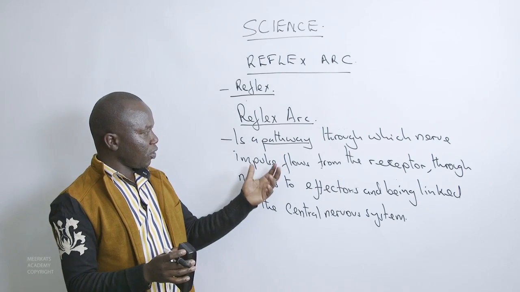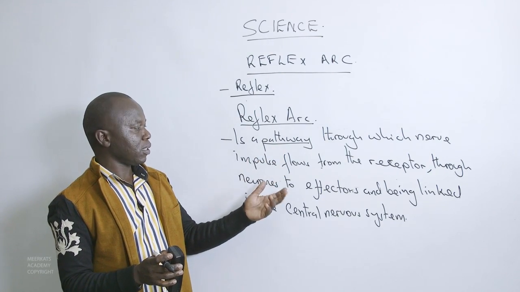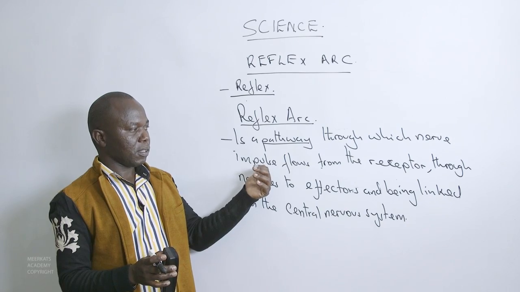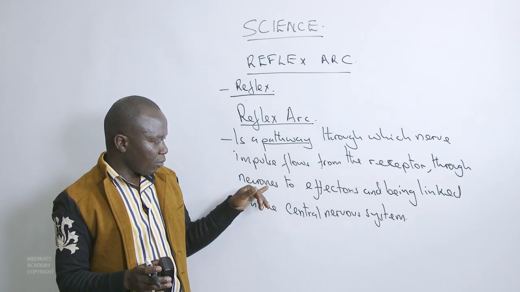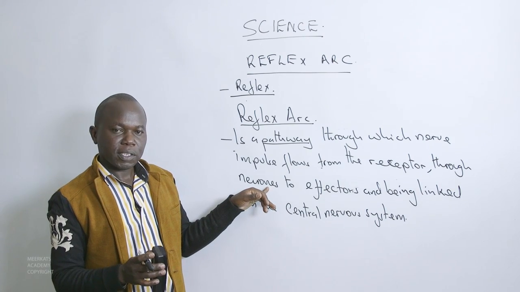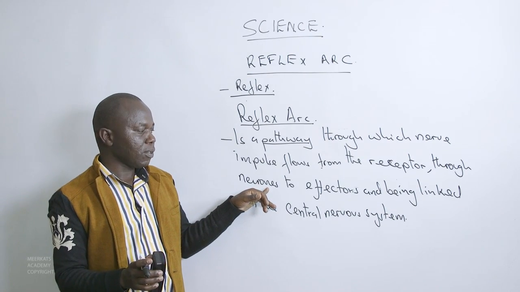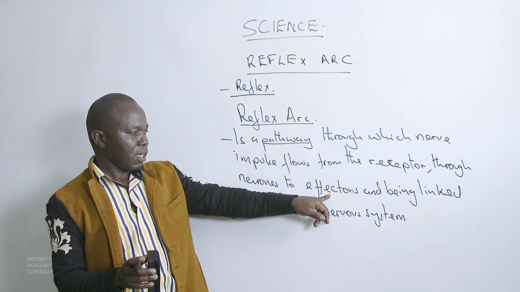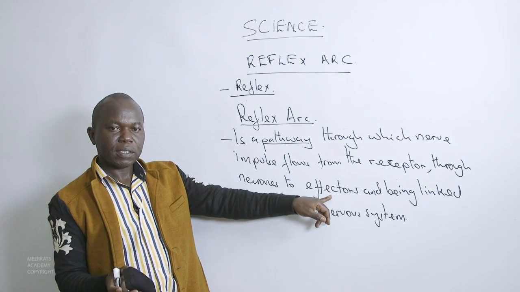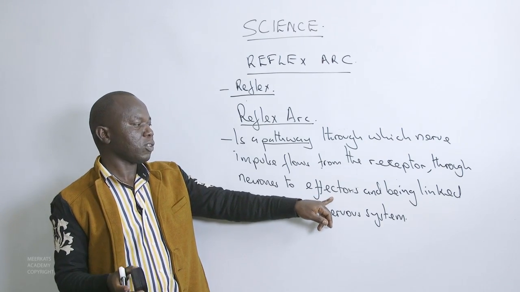So to understand the definition, just know that it's a pathway. For what? Nerve impulse flowing from the receptor, but it will flow through the neurons, sensory neuron, relay neuron, motor neuron, to effector organs, either glands or muscles.